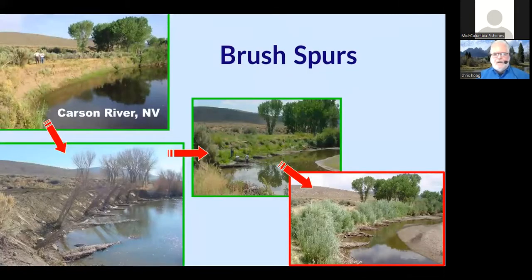And this one, what we tried to do is use a brush spur. And this is basically built a spur rather than rock. We used willows. And so we used the brush box technique where we put in the frame and then filled that frame with willows up to the top and tried to give us a 10-to-1 slope from the bed down to the bottom.